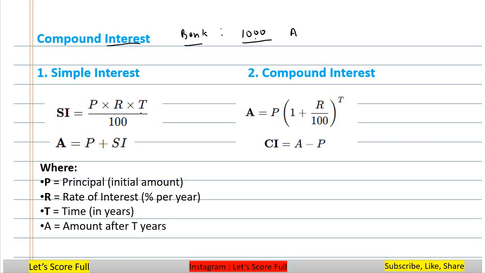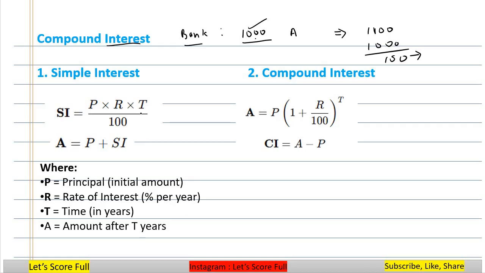And let that extra money he pays at the end of a year be, suppose, 1100. So that extra money, how much? 1100 minus 1000. So 100 rupees he is paying to the bank extra along with this 1000.